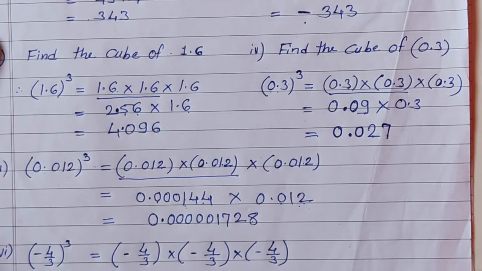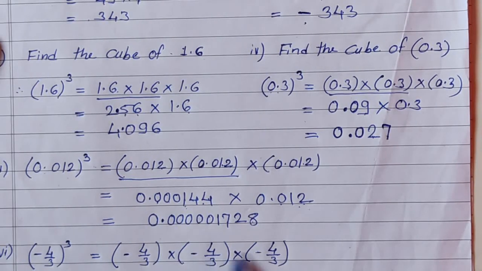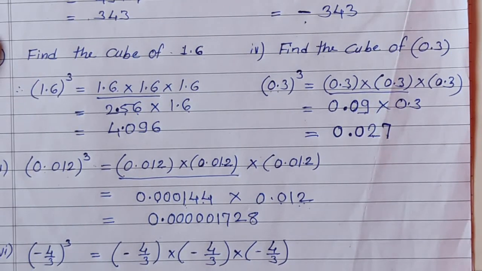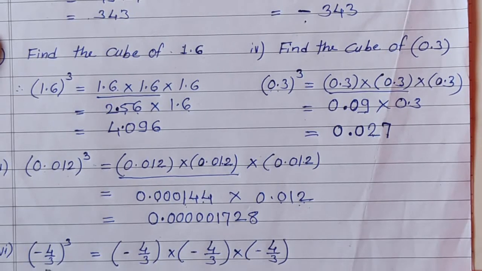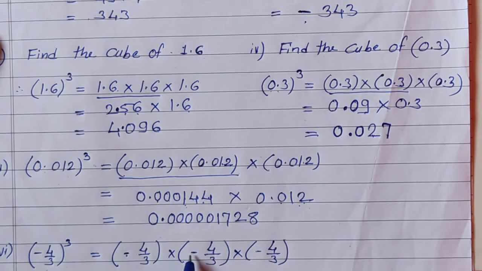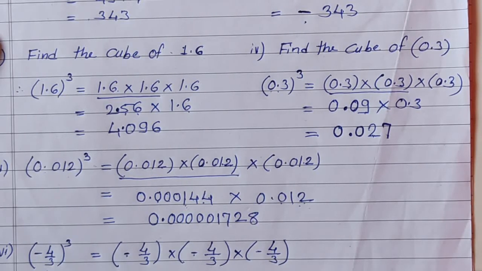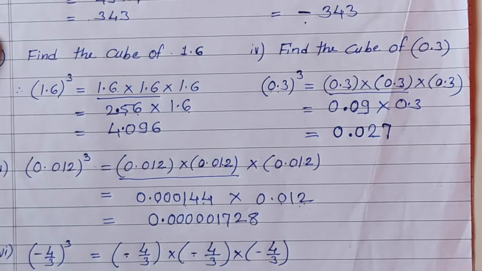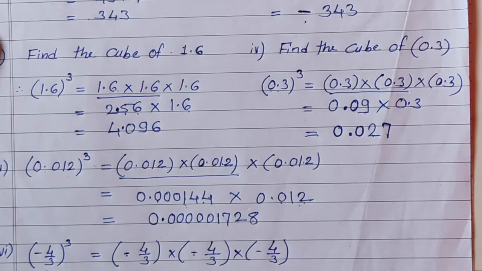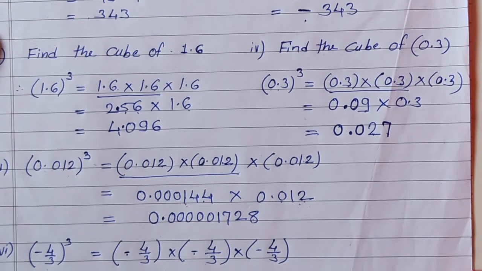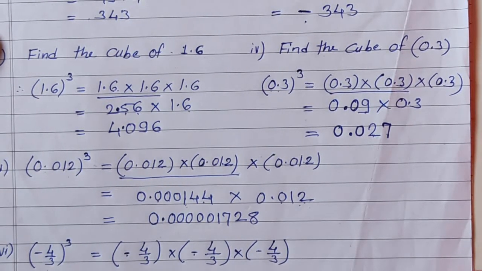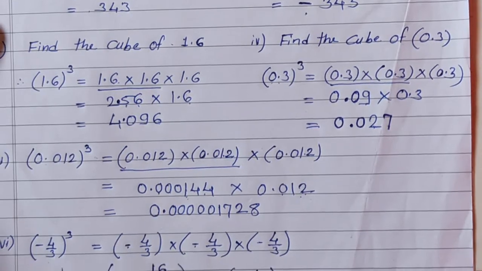The next question is the cube of the rational number minus 4 upon 3. Again multiply these, minus into minus will become plus. Now you know 4 4s are 16 and 3 3s are 9. So this is the multiplication of the first two numbers.